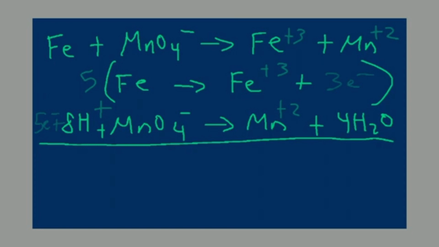So if we multiply the first half reaction by 5, it's going to be 5 Fe and 5 Fe plus 3 and 15 electrons.